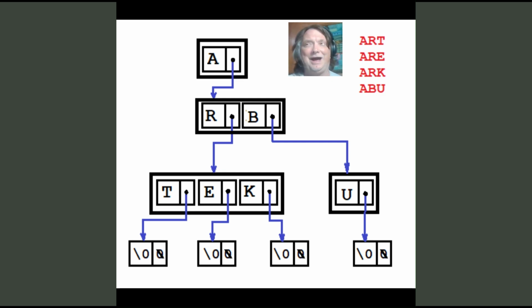There's no flag that is the end of the word. So people saying that there's a flag in here are actually wrong. I mean, the null character itself is the flag. The data is the flag.